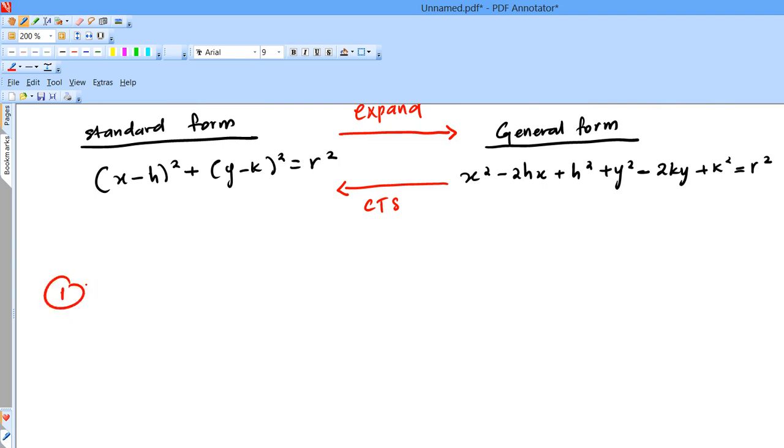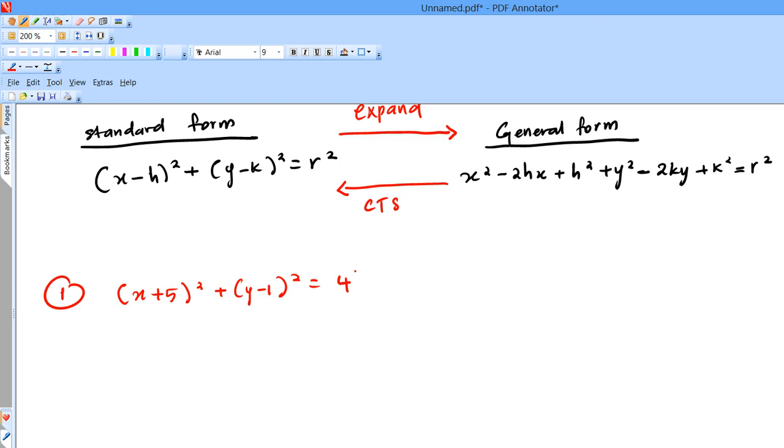Example number 1. How to find the radius and center if we have the standard form of a circle. For example, we have (x plus 5) squared plus (y minus 1) squared equal to 4. From this standard form, we can find the center and radius.